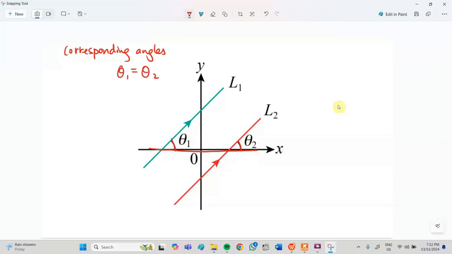So theta 1 equals theta 2. If you find the tangent for both angles, you will have tangent theta 1 equals tangent theta 2, and according to what we know, this equals the gradient of line number 1, and this equals the gradient of line number 2, hence the conjecture is verified.